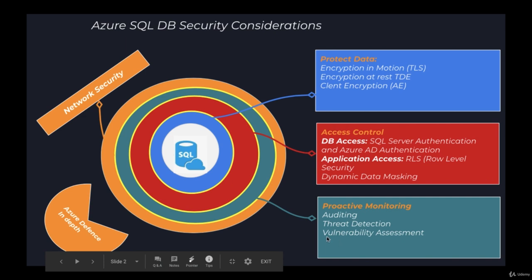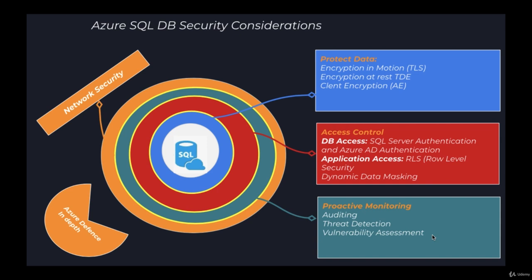If we set up vulnerability assessment on the databases, it will indicate what all things we need to remediate. All these are controls to secure our SQL database and to have a defense in depth, or layered security, approach.